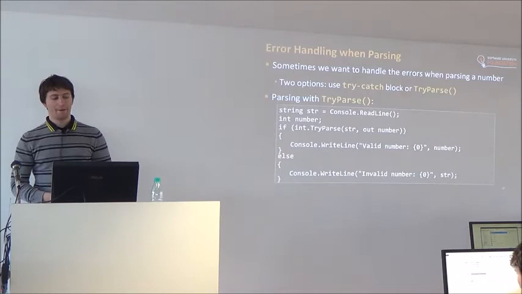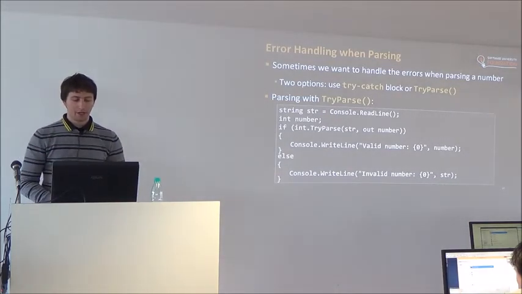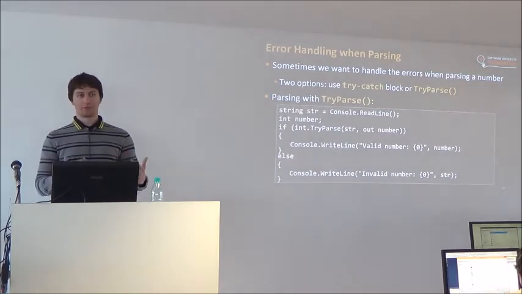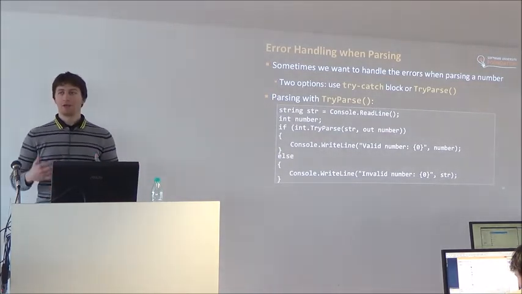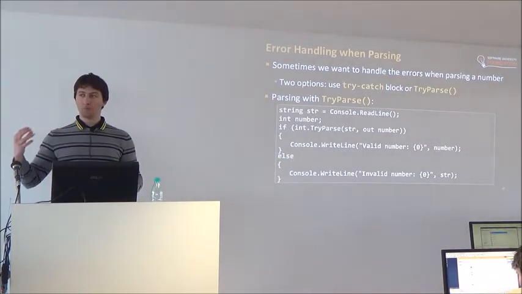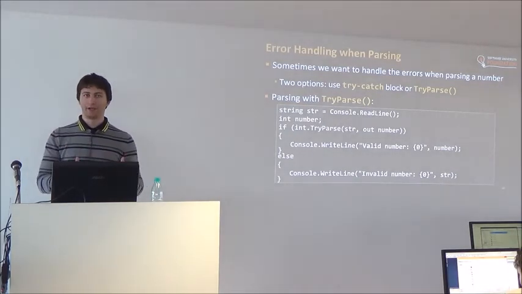This same thing can be done using the method TryParse. TryParse tries to parse, which obviously comes from its name, the string that you input and outputs it into a variable that you've already declared.